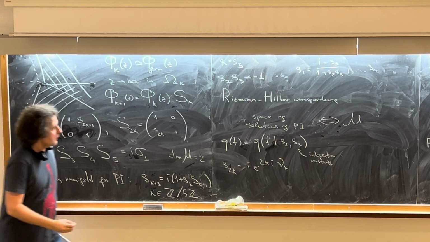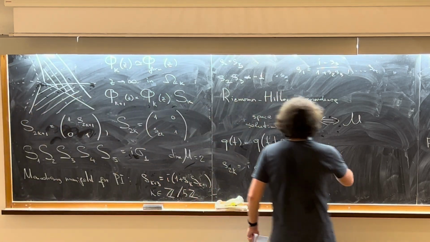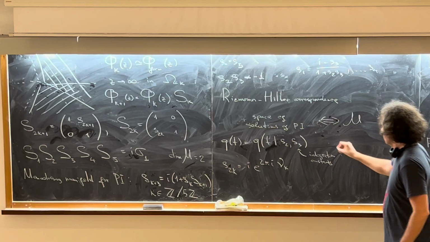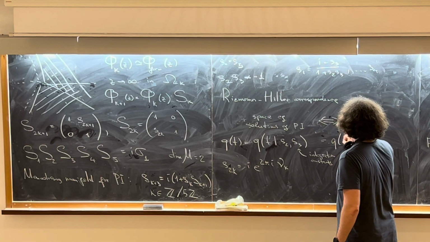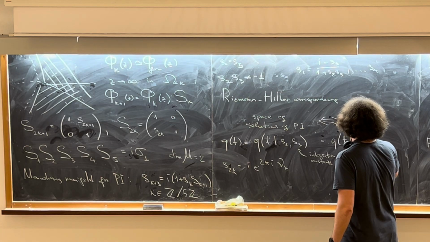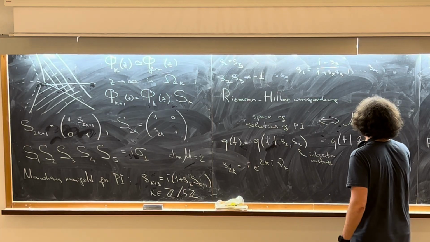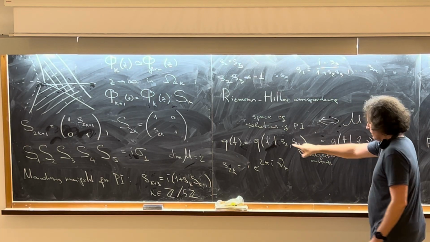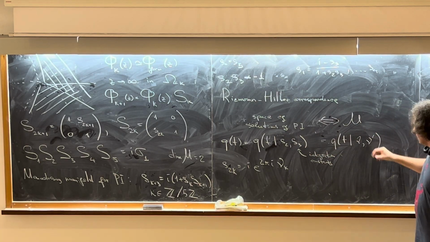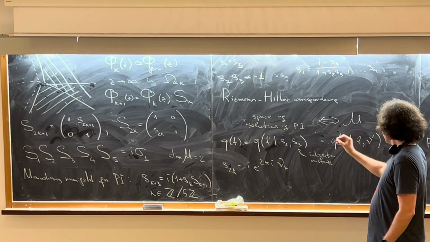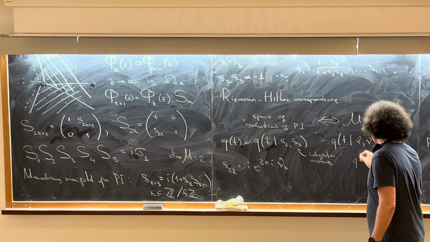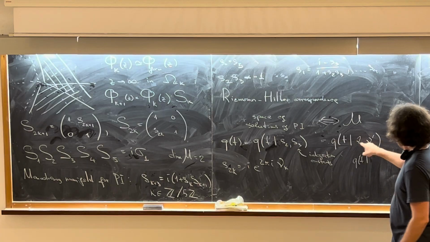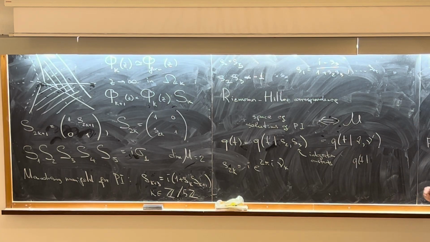Okay. So this function Q of t, and let's say nu and nu prime related to S2 and S3, this function Q will be periodic in both of these exponents.